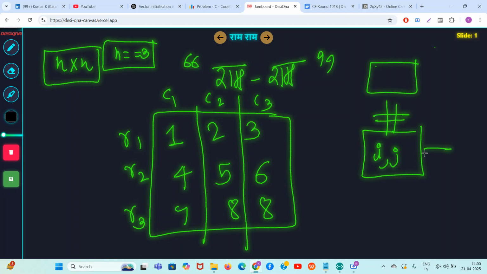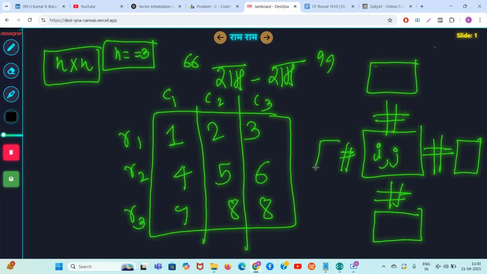The value should not be equal to any cell on the right hand side, any cell below, or any cell on the left hand side. The values should be all different. There should be no adjacency, guys. When it comes to adjacency, there can be horizontal adjacency like this, and there can be vertical adjacency like this. No two adjacent cells should match.